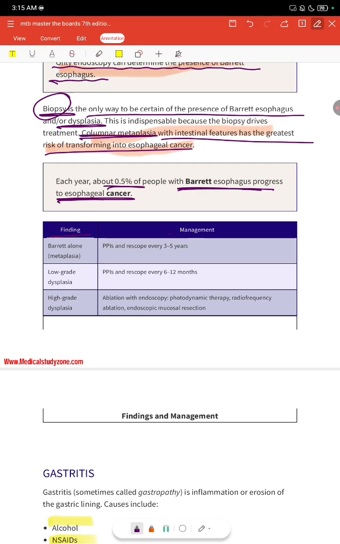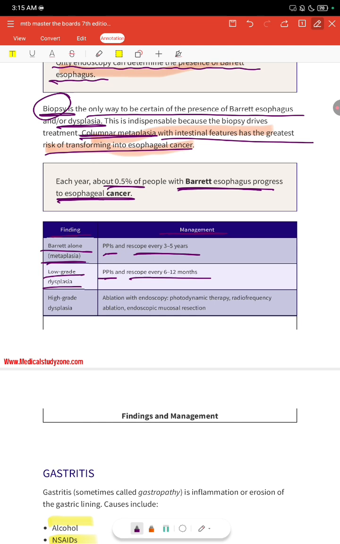Here are the findings and the management accordingly. If there is Barrett alone, that is metaplasia only, PPIs and rescope every 3 to 5 years. If low grade dysplasia is there, PPIs and rescope every 6 to 12 months in order to check whether it's transforming into esophageal cancer.